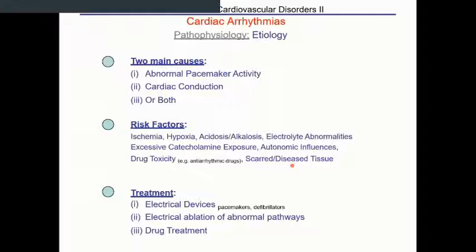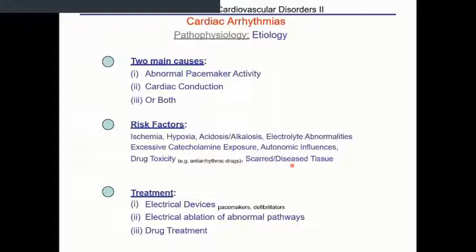So risk factors for arrhythmias include ischemia, as we mentioned earlier. So if you have myocardial infarct due to ischemia, this can precipitate an arrhythmia. Hypoxia, acidosis, alkalosis, so metabolic abnormalities, electrolyte abnormalities. Of course, if you have excessive catecholamine exposure, for example, excess epinephrine, or excess beta agonist exposure, you can have cardiac arrhythmias.